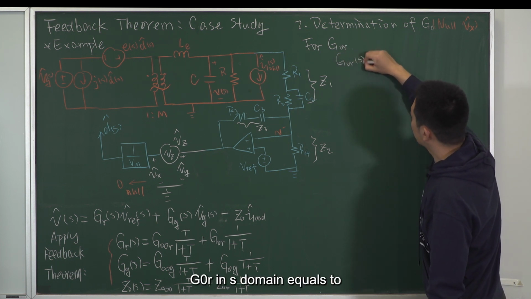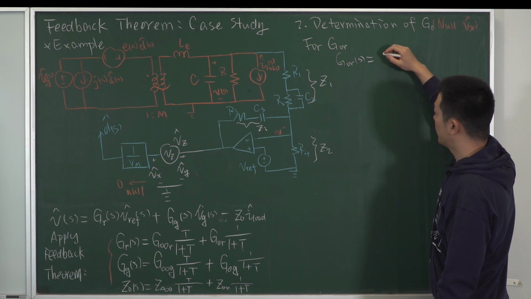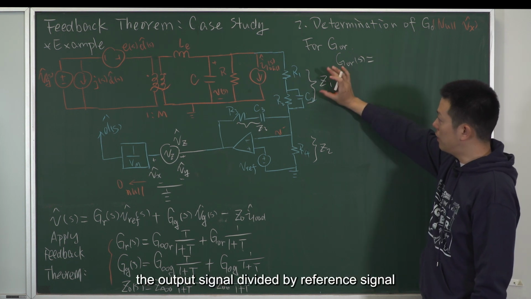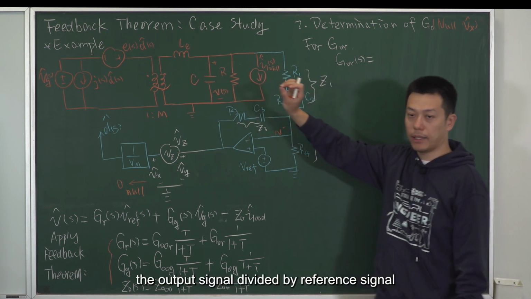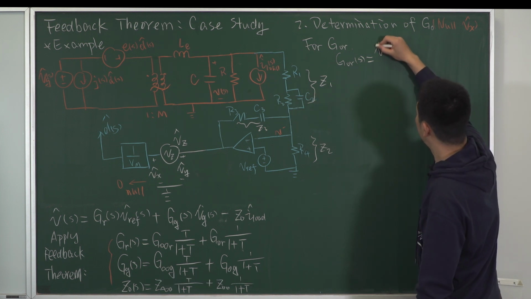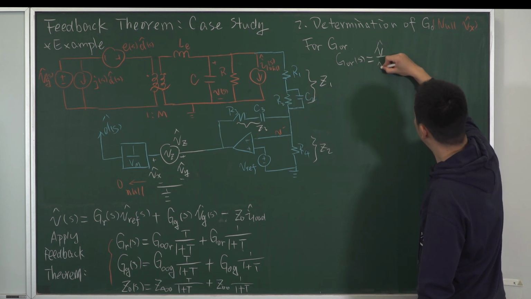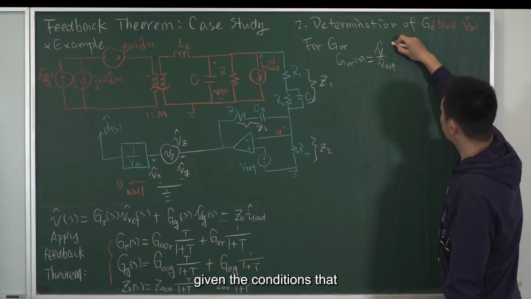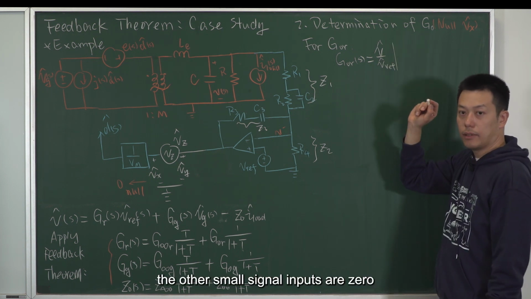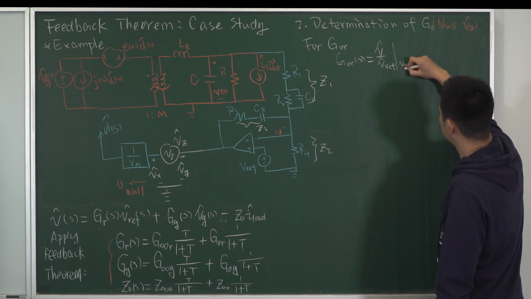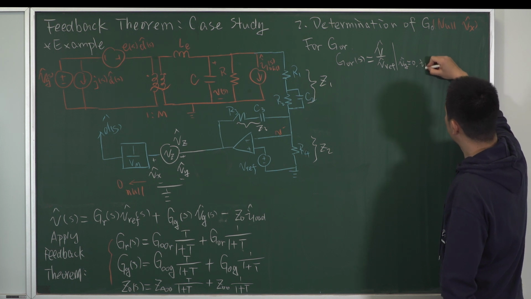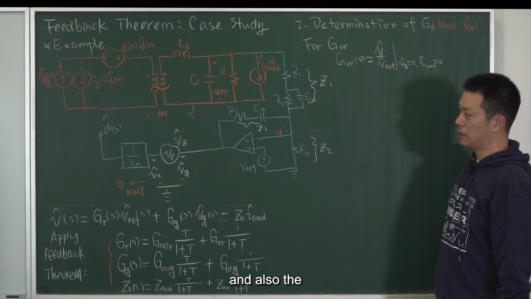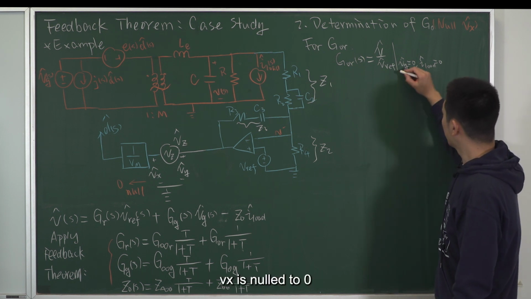G0R in S domain equals the output signal divided by the reference signal, given the condition that the other small signal inputs are 0, and also the Vx is nulled to 0.